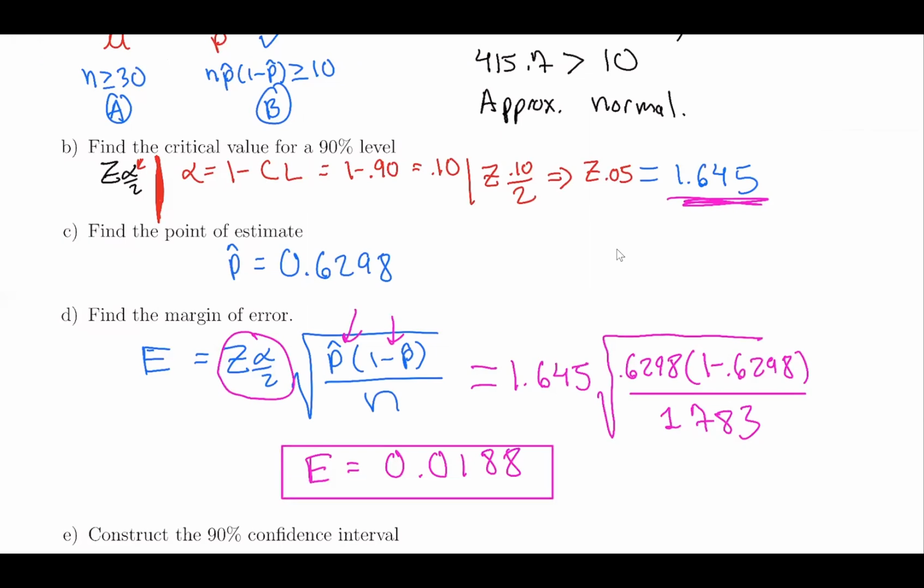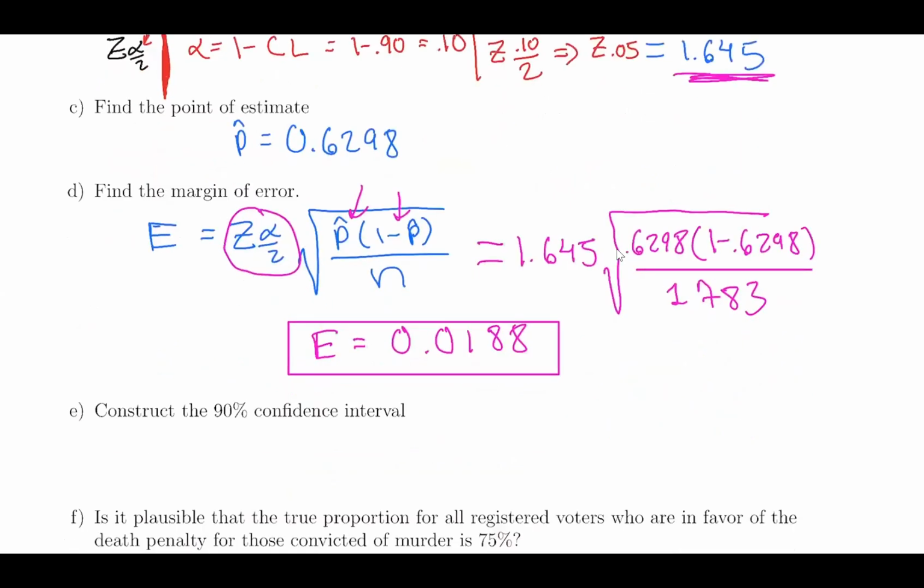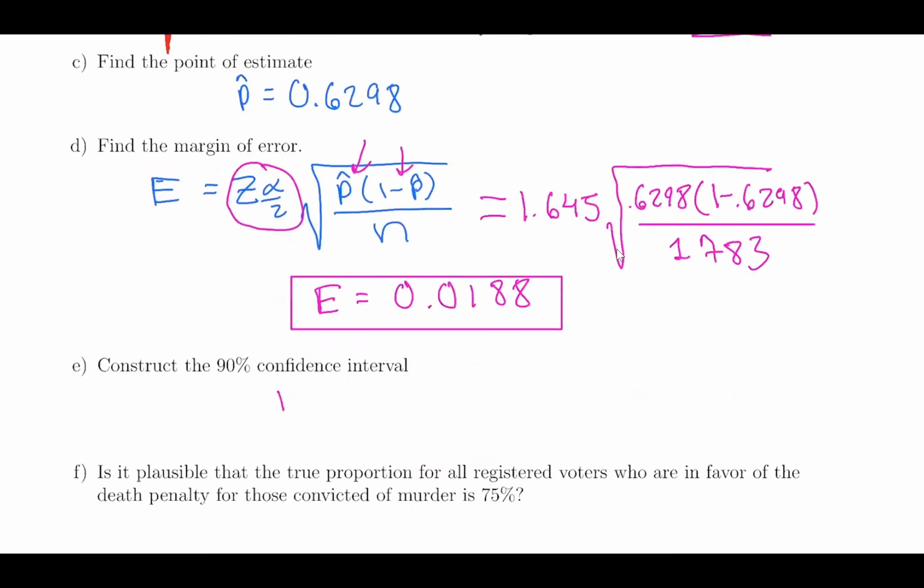All right, so lastly, we're gonna go to part E. If you look at E, it says construct the 90% confidence interval. So in this one, this is where we're gonna say P hat plus or minus my margin of error. So technically we're gonna say P hat, which is 0.6298, and we're gonna add it, but you're also gonna subtract the margin of error, which is 0.0188.